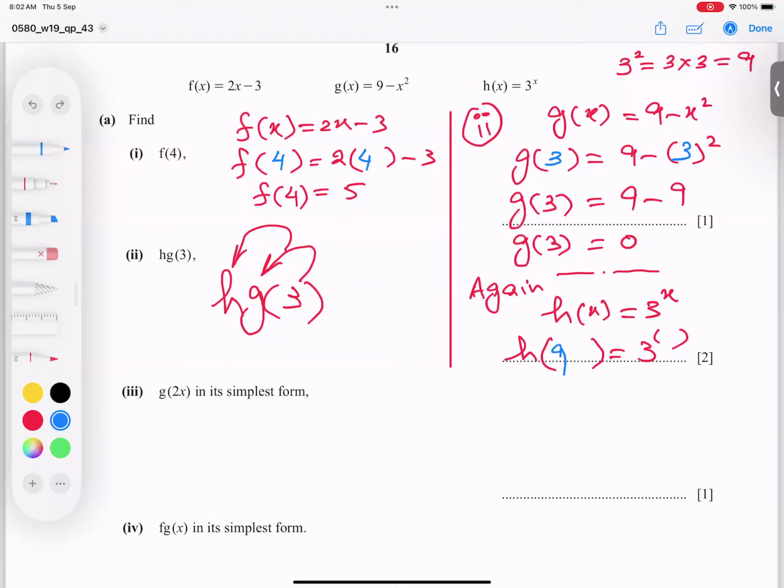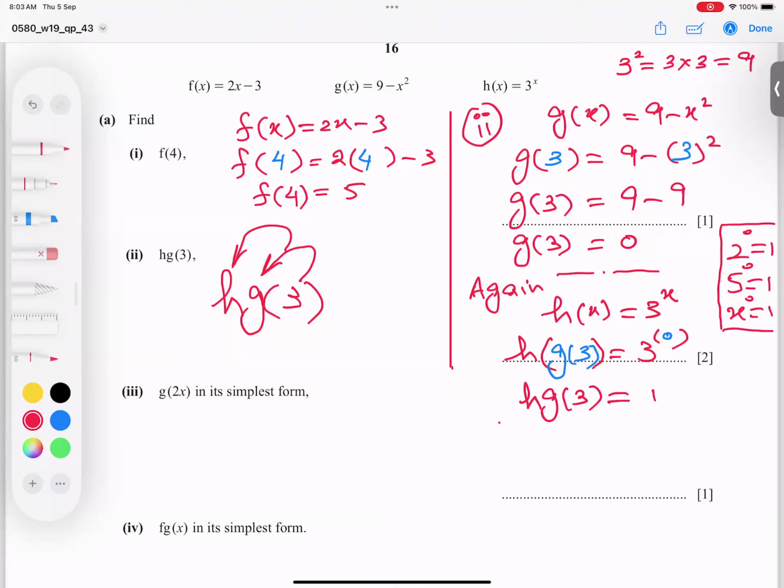So g of 3, and here is 0. And h of g of 3 is, well, something to the power 0 is 1. Like 2 to the power 0 is 1, 5 to the power 0 is 1, x to the power 0 is 1. So I believe this point is very clear.